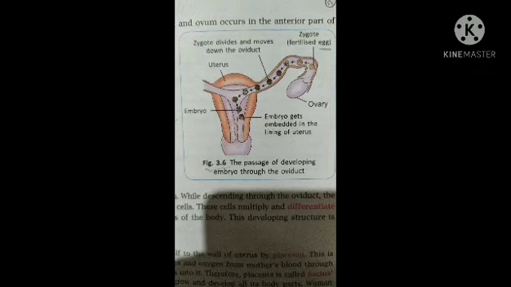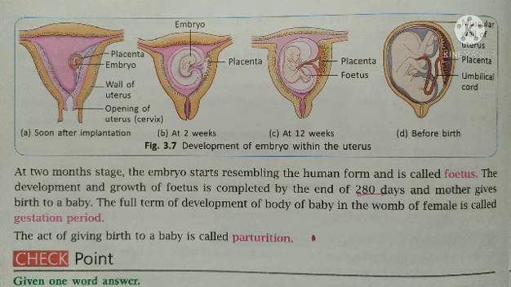Immediately after fertilization, this zygote starts dividing, and while traveling through the fallopian tube, it gives rise to a ball of cells, known as embryo. And this embryo, by the 5th day, is known as blastocyst, and this consists of 70 to 100 cells.